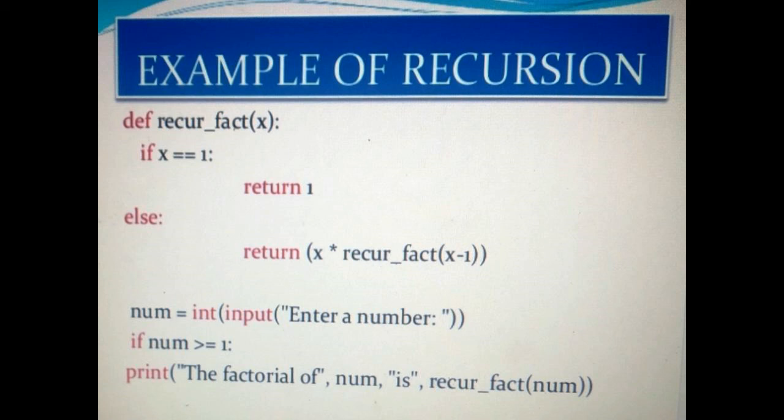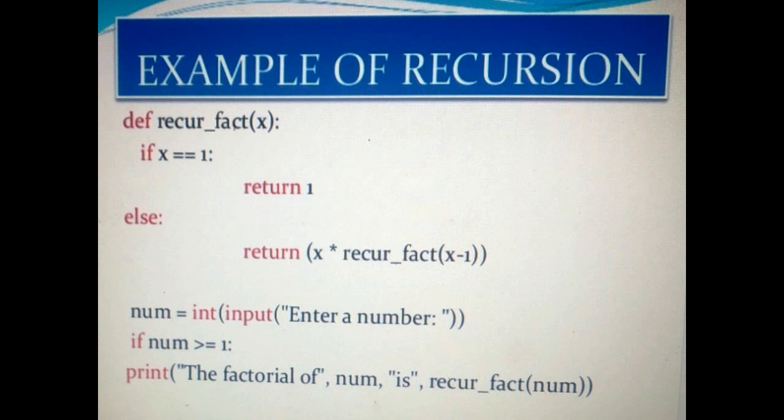If 1, then it will return 1, else it will do this type of execution where x is multiplied by the recursive value of 1 less than x. This completes the recursive function.